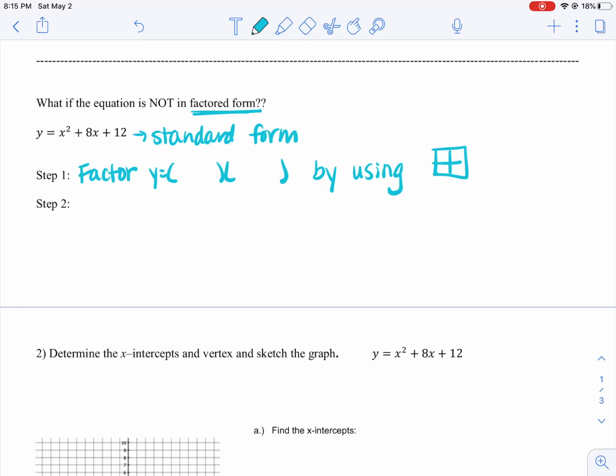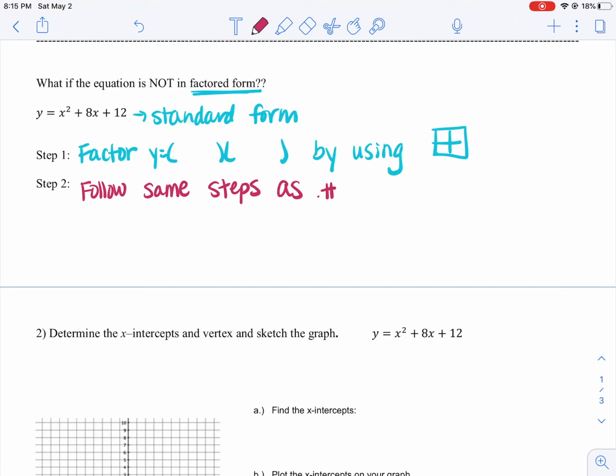Once you do that, you're going to follow the same steps we did in this example, number 1 here. You're going to follow all these steps, just like this was in the factored form.